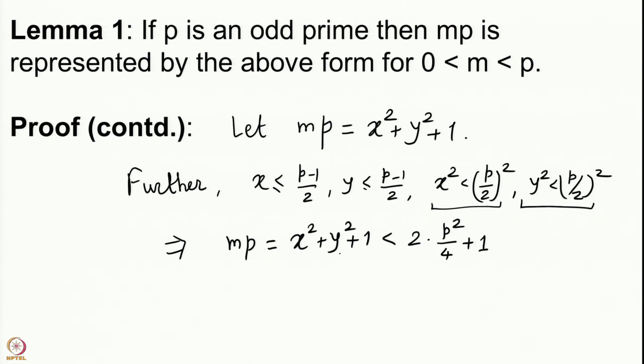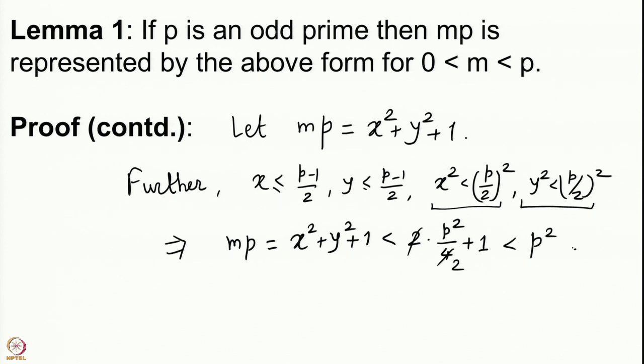So, the sum will be less than 2 times p square by 4 plus 1, and if you cancel this 2, you just get p square by 2 plus 1, which is easily seen to be less than p square. Remember, p is an odd prime and therefore 1 is always less than p square by 2.